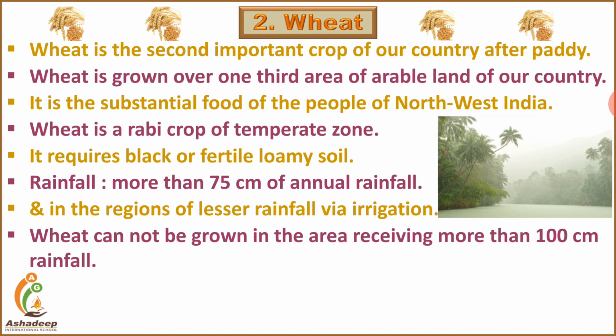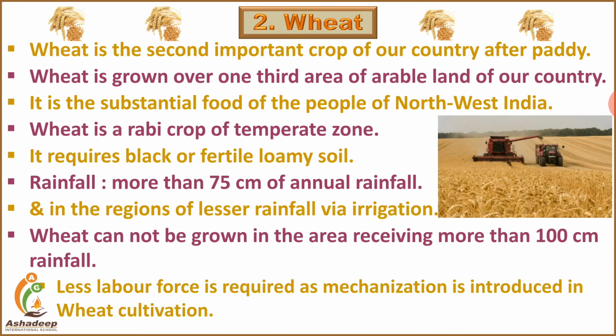But that area is preferable for growing rice or paddy. Nowadays, because of the constantly growing demand, most of the farmers cultivating wheat are using more machinery, and that's why less labor is required compared to paddy cultivation also.